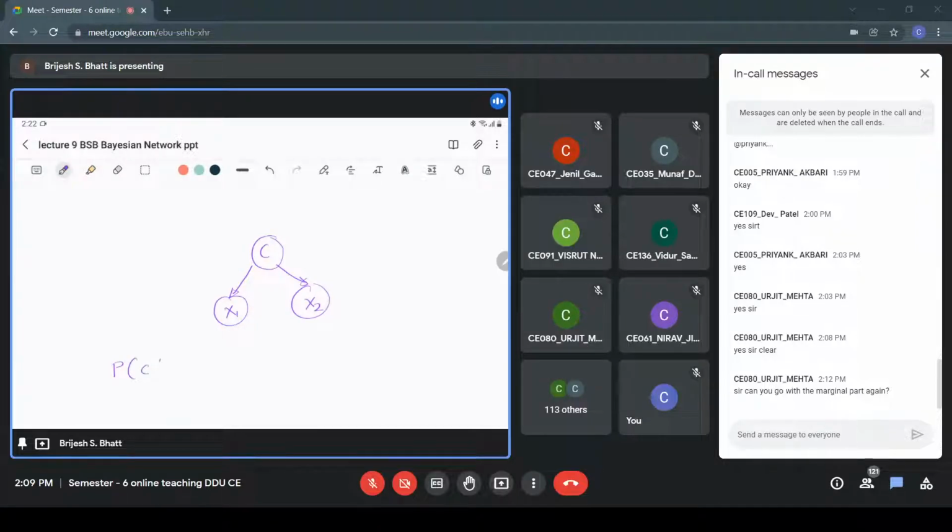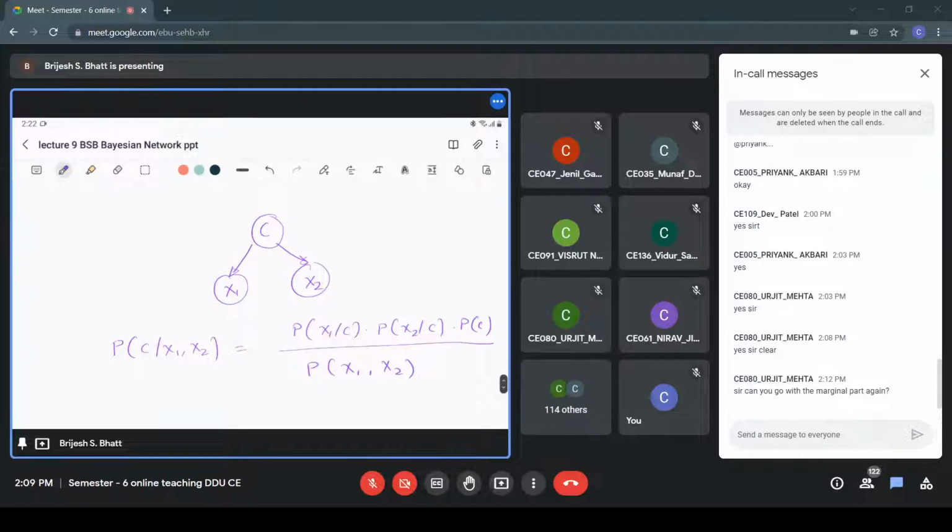Probability of C given x1, x2 is equal to probability of x1 given C into probability of x2 given C into probability of C, divided by probability of x1, x2. This was our model of the naive Bayes classifier.